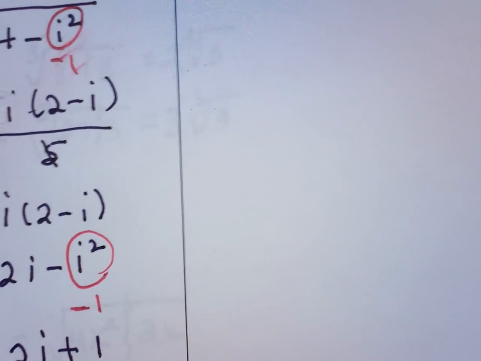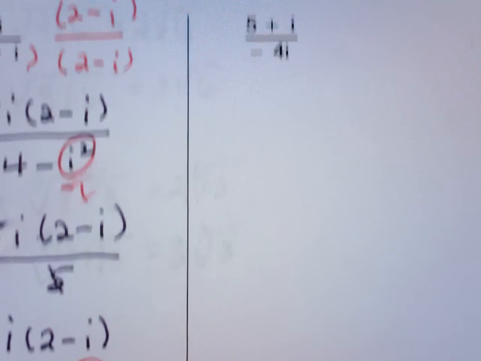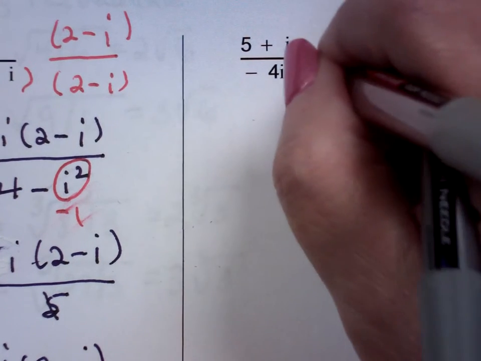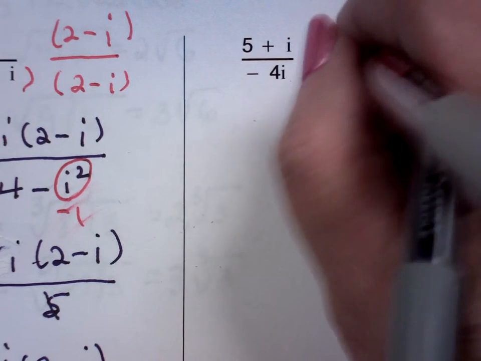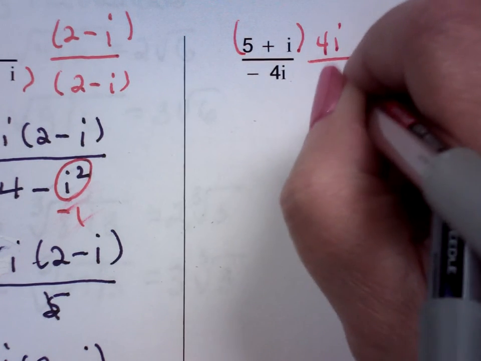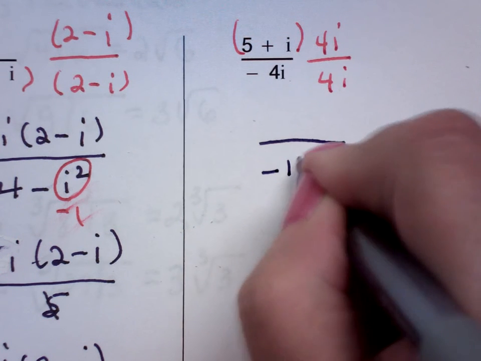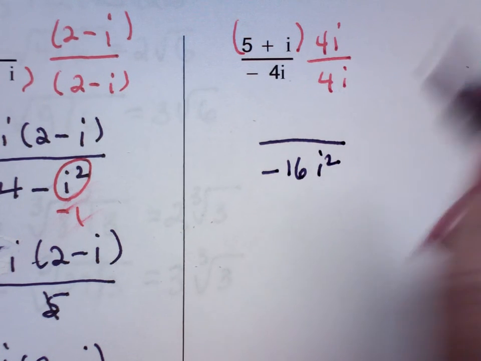Okay, 5 plus i over minus 4i. What is the conjugate I'm going to multiply by? Just 4i. This is more than one term, so that's in parentheses. Denominator is negative 16i squared.